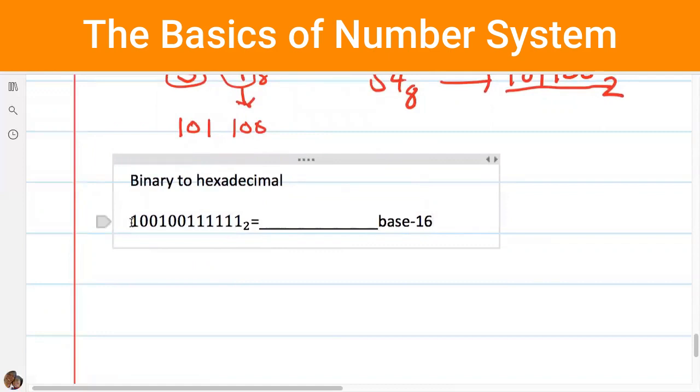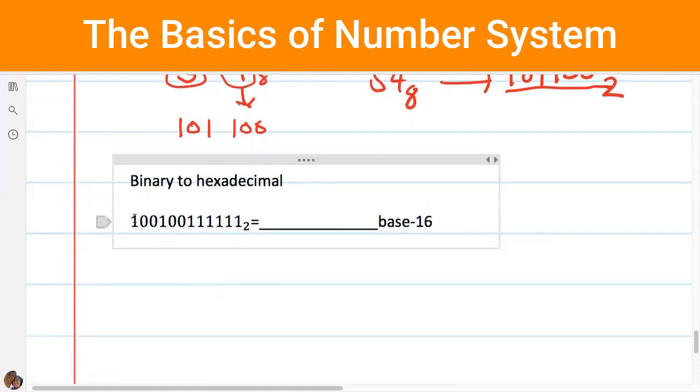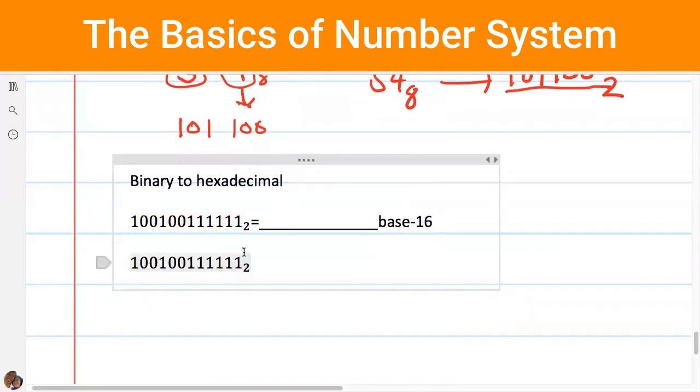So what we are going to do here is group this into 4 parts. I'll copy this for a while, Control C, Control V, and I will group this by 4.